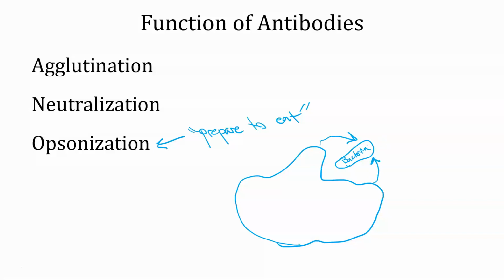It literally eats it. Well, some of these bacteria are slippery little buggers, and they're hard to grab onto, and they're hard to eat. So antibodies can bind to them and almost become like little handles that allow the phagocytes to phagocytize them, to eat them. So that's what opsonization is.